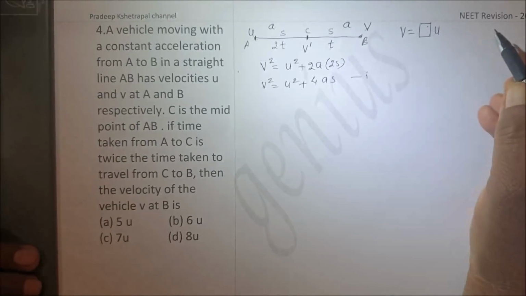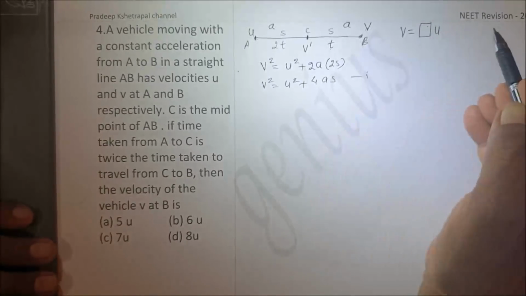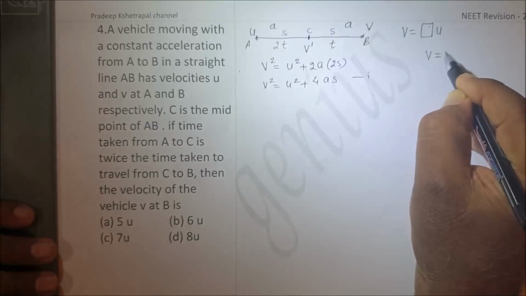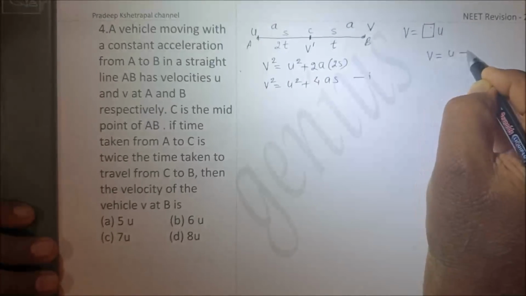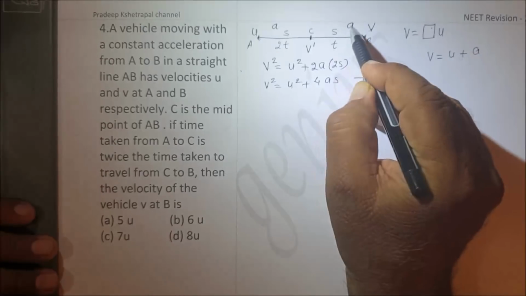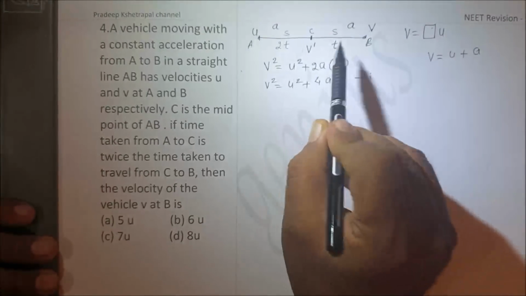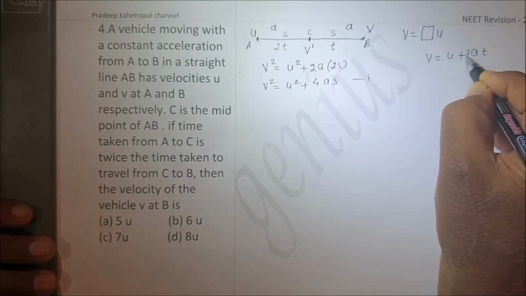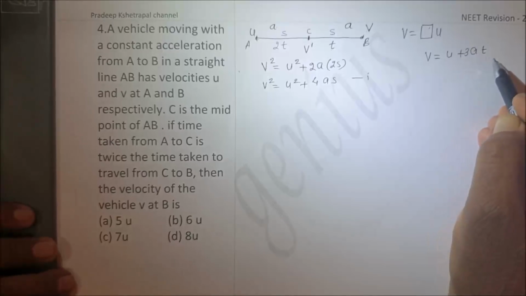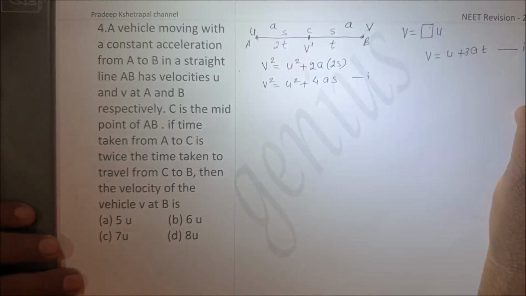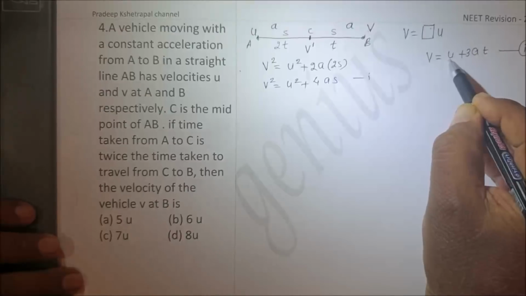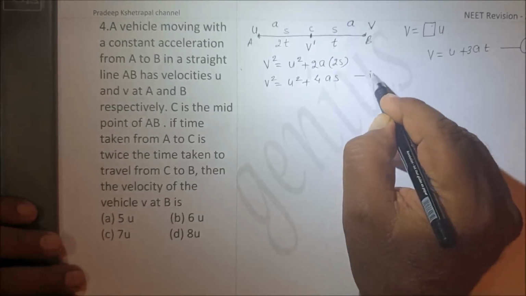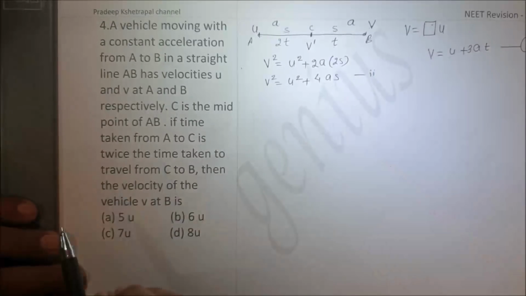Now if we go for t, then v is equal to u plus a, acceleration a, and time 2t plus t, that is 3t. So v is equal to u plus 3at. This is again a relation between v and u, but we don't want this at, that has to be eliminated. This is our relation with as.